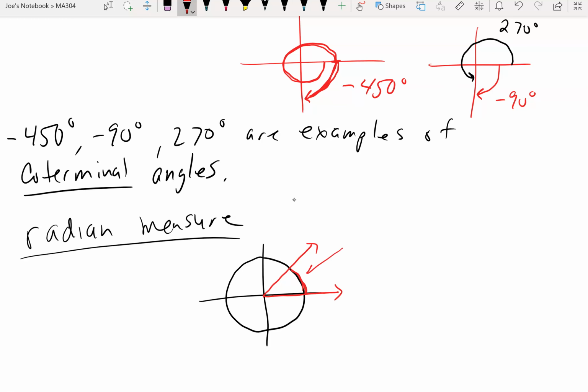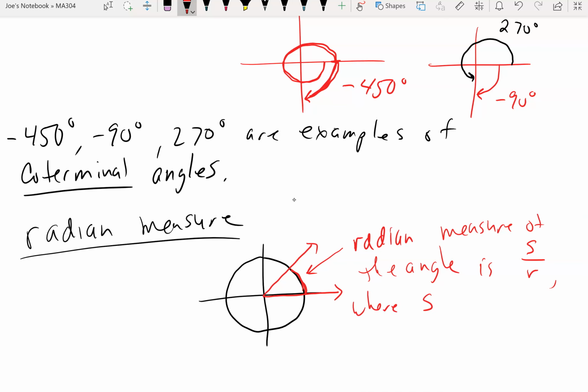So the radian measure of the angle is a ratio actually. Let's say it's S over R, where S is the arc length and R is the radius.